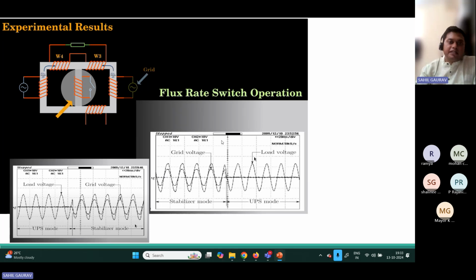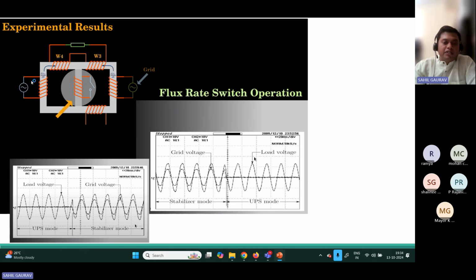Now in this case, they have used the application of flux rate switch operation. If you see this first one, in this case it is a stabilizer mode.